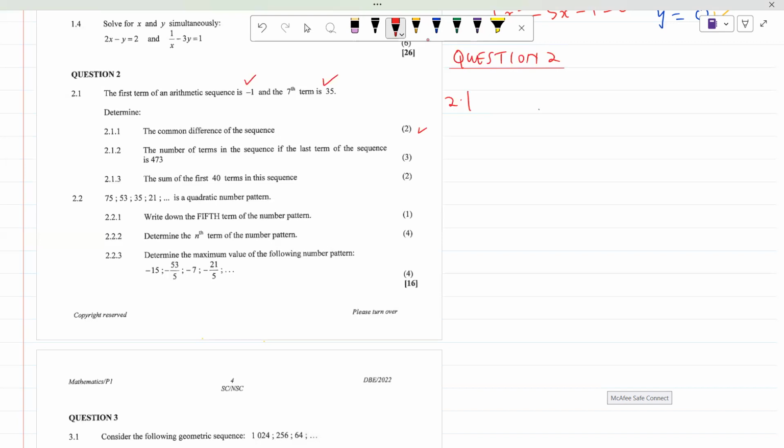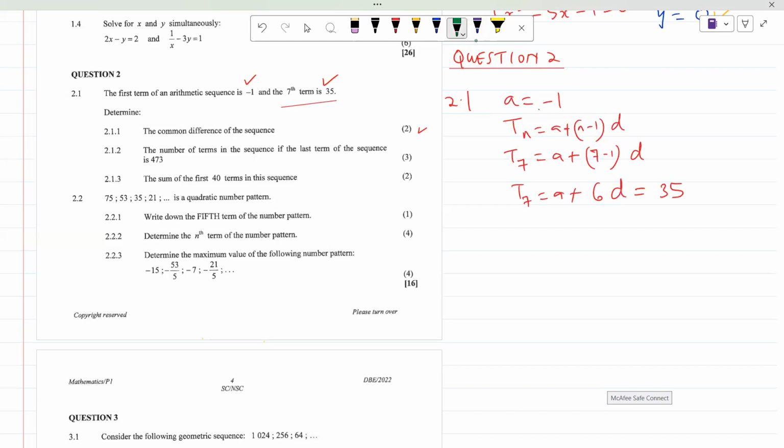What they're saying is that the first term is -1, and the minute they mention the seventh term is 35, it means Tn is a plus n minus 1 into the common difference d, which means T7 is a plus 7 minus 1 into d, which is 6d. This seventh term is equal to 35.